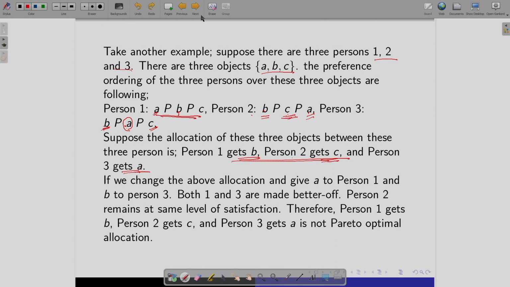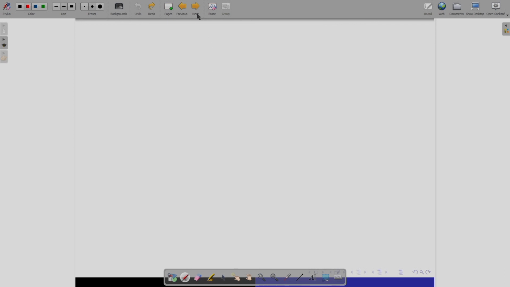We can try a lot of combinations like this. Suppose, instead of this, we give A to person 1, B to person 2, and C to person 3. Now, is this Pareto optimal? Yes, this is a Pareto optimal allocation. Why? Because person 1 is in the best position.